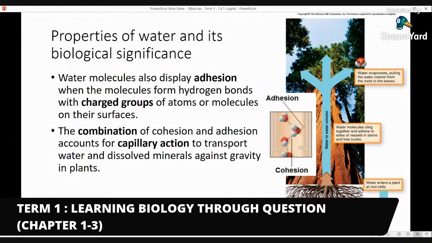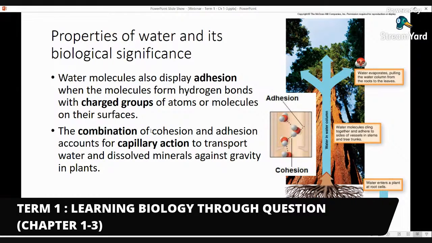Water molecules also display adhesion, or the adhesive force, in which the water molecules form hydrogen bonds with charged groups of atoms or molecules on their surfaces.